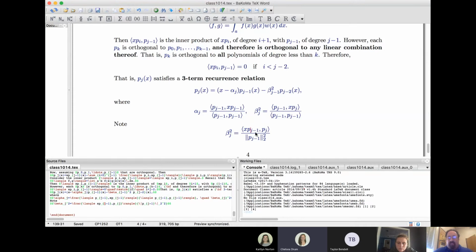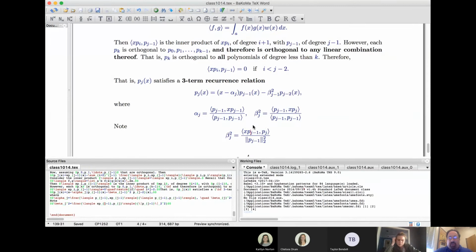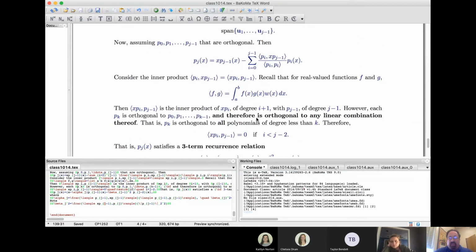Yeah. So here we have 2 polynomials of degree j we're taking the inner product of. But if I look at x p_{j-1}, we've seen that up here. So x p_{j-1} is p_j with other terms subtracted off.